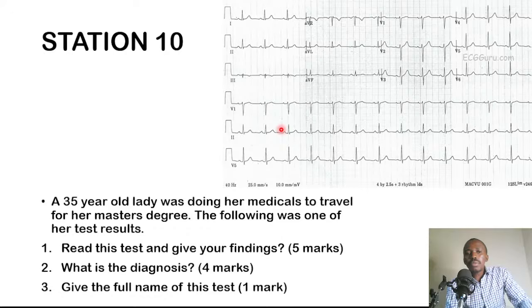So here, station 10, we have a 35-year-old lady who is doing medicals to travel for her master's degree, and the following was her test result. Read the test and give your findings. What is the diagnosis? Give the name of the test. Okay, so I think here what everyone can answer is the third thing.